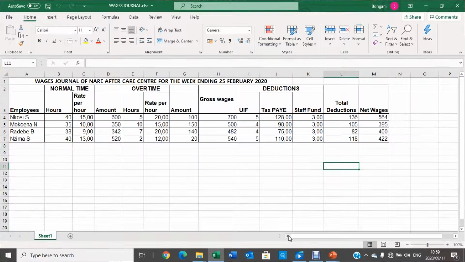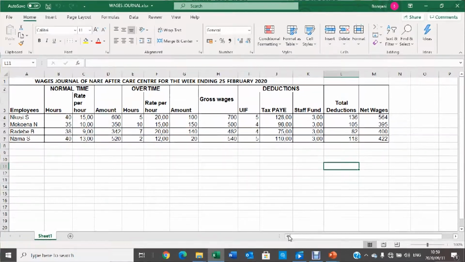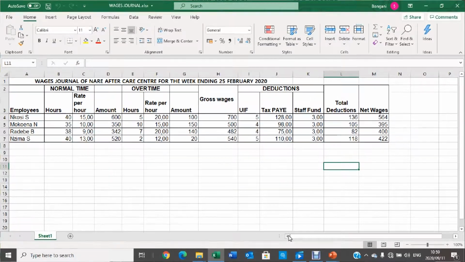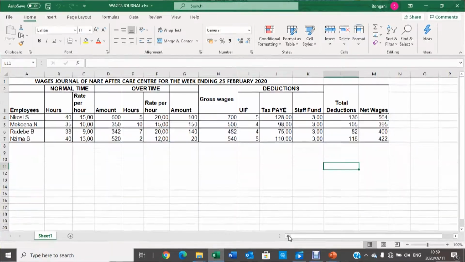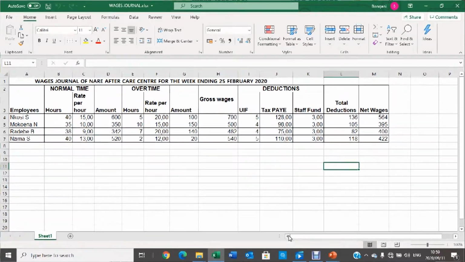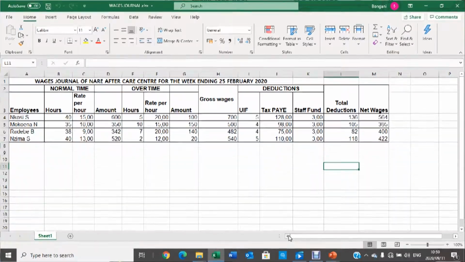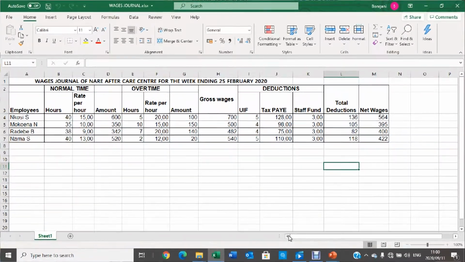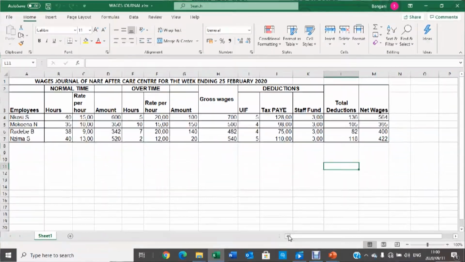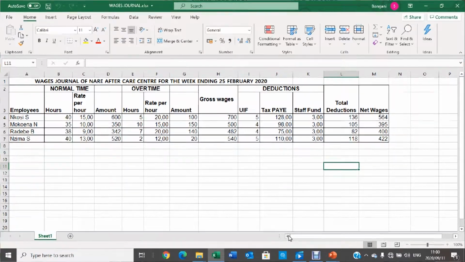And then we move to the overtime column, where we say 12 rand rate per hour multiplied by 2 hours, and then it will give us 20 rand. And then the gross wages of the employee, Nzima S, will be 540.